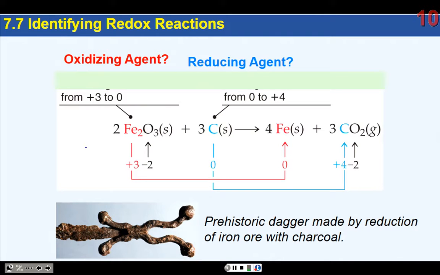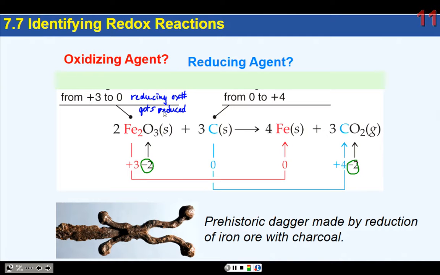It is reducing the positive charge, reducing the oxidation number, and that means it is getting reduced. And what else is shown here? The oxygen does not change, by the way. So oxygen neither gets oxidized nor reduced in this case.